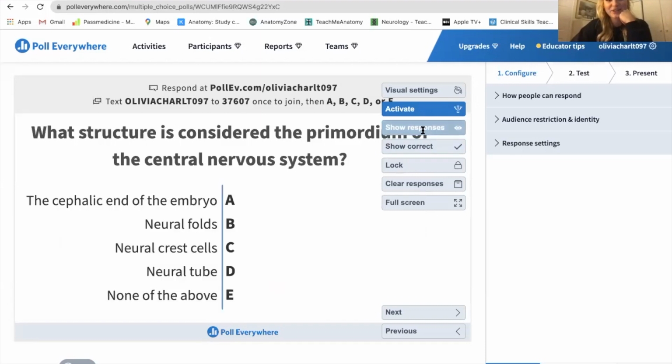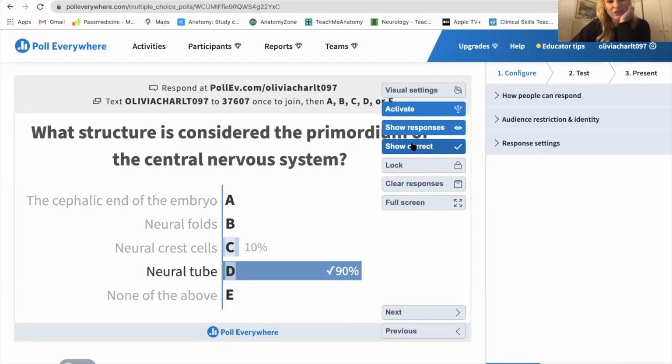The next one: what structure is considered the primordium of the central nervous system, or the precursor? Yeah, I think most of you got that. So the neural tube.